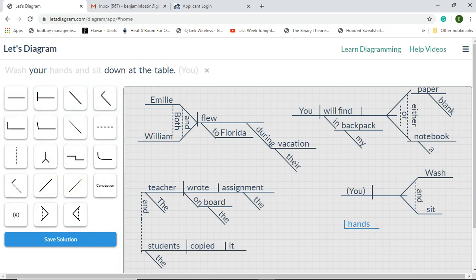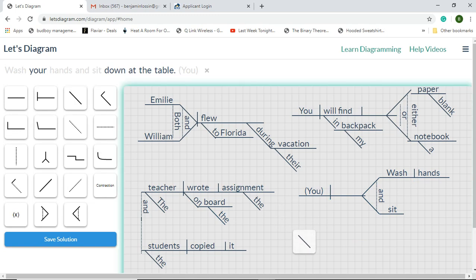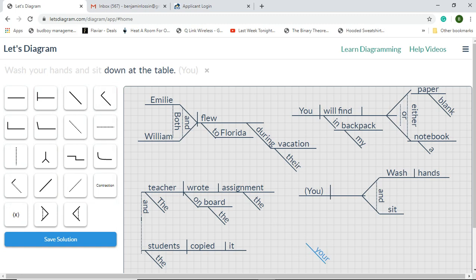Okay. So the direct object is hands. Okay. Whose hands are they? Well, they're your hands. So your is an adjective modifying hands. Okay.